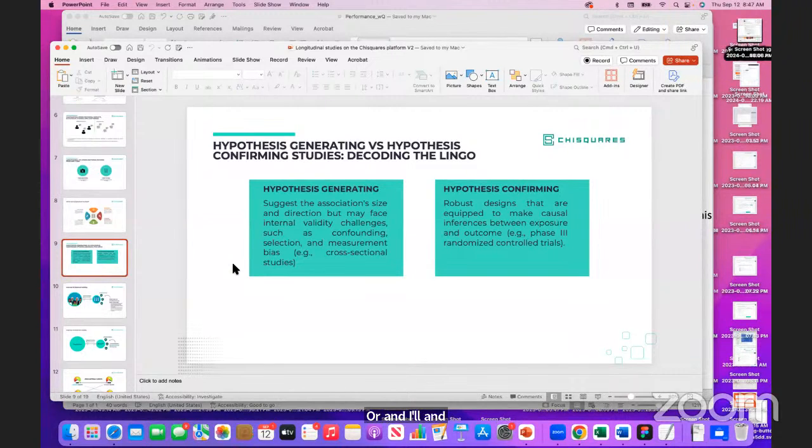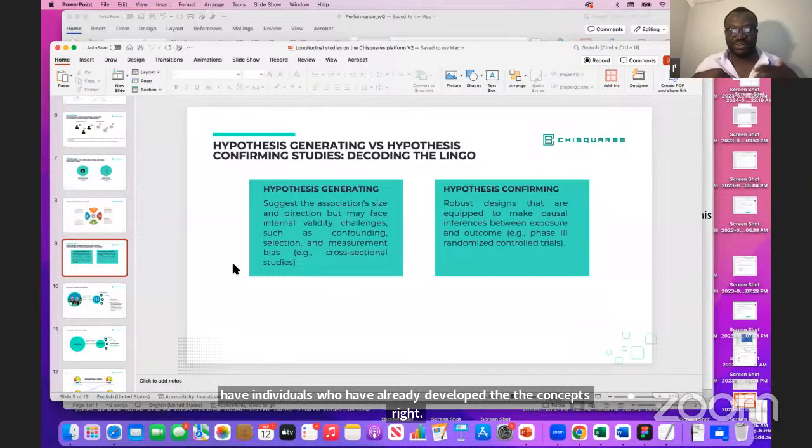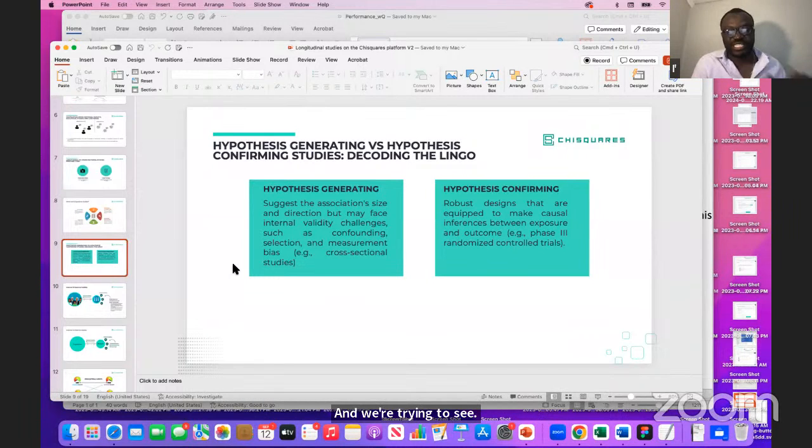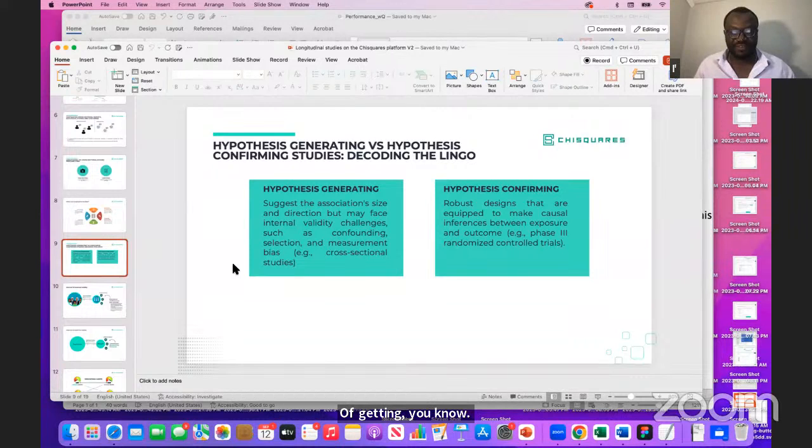So we have individuals who have already developed the cancers, and we're trying to see what exposure increases your likelihood of getting certain cancers. So in this case, we'll fetch records of all the cases that have cancer. We'll look at non-cancer cases.